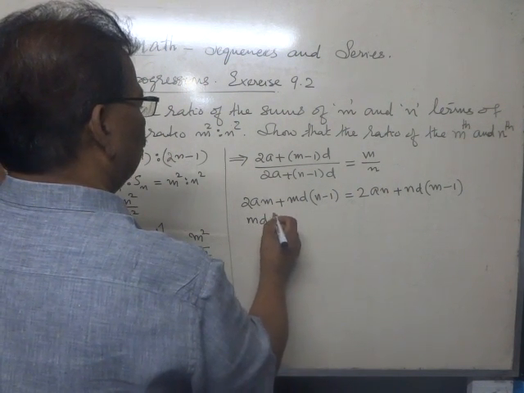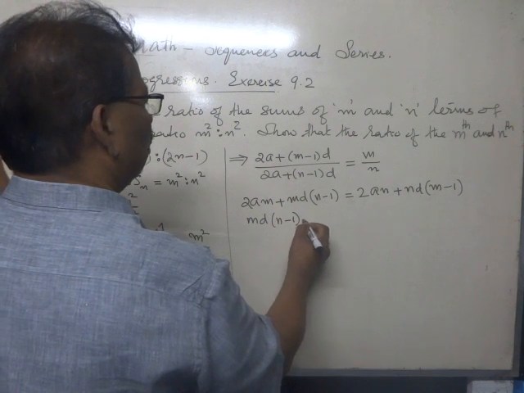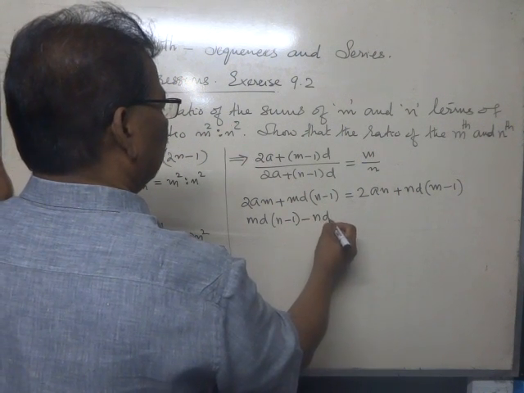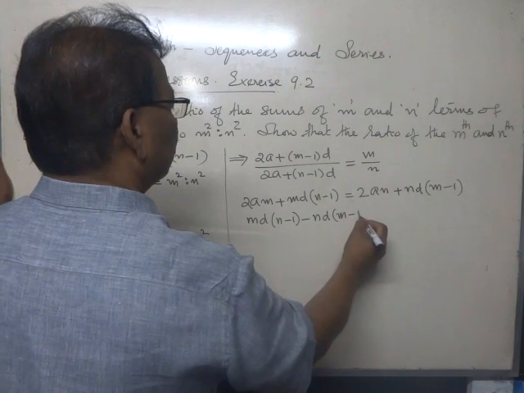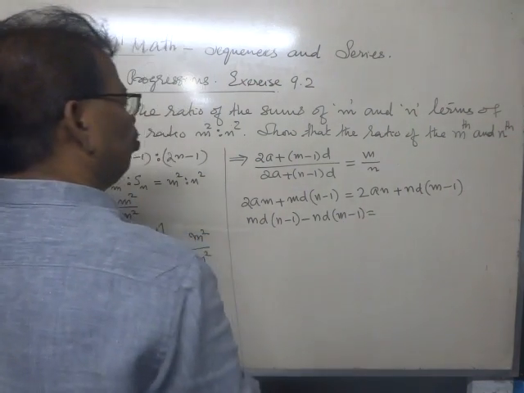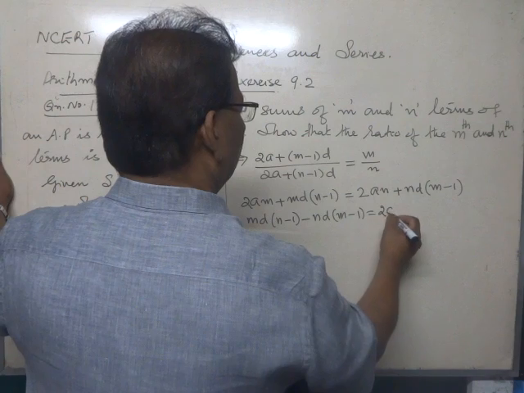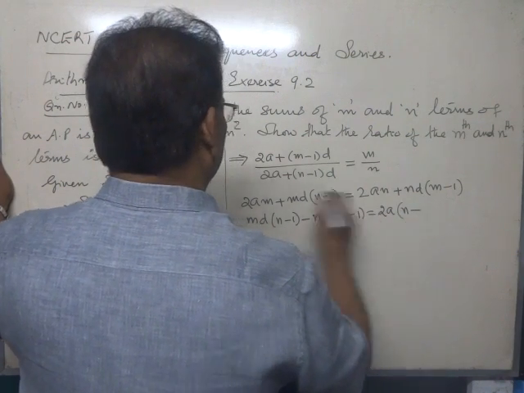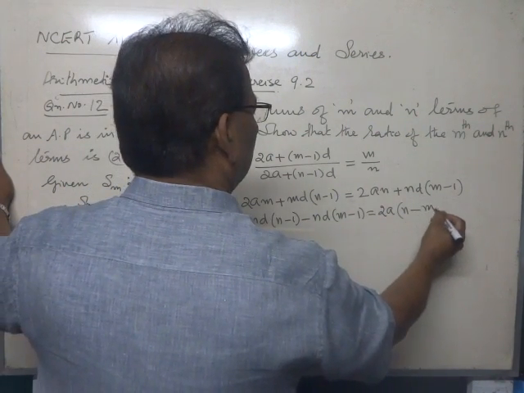Then md into n minus 1 minus nd into m minus 1 is equal to 2a into n minus m.